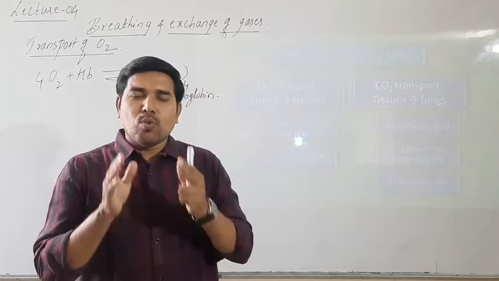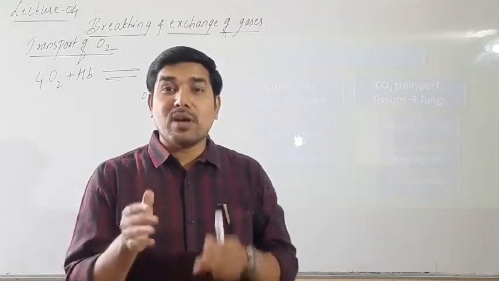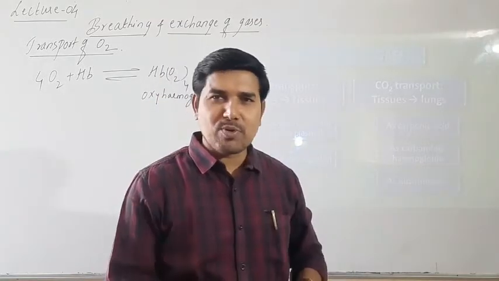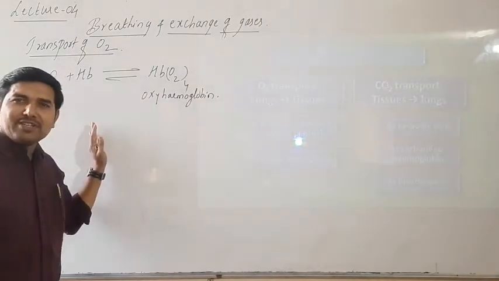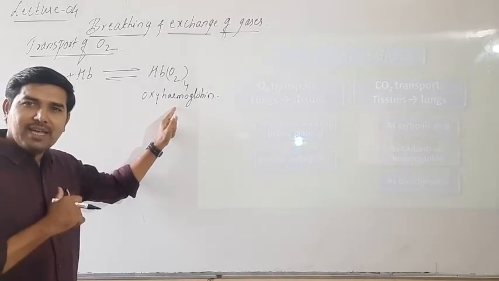Then what are the factors responsible for the binding of oxygen to hemoglobin, and later the transport process? There are certain conditions. What are the conditions for the formation of oxyhemoglobin in the lungs?